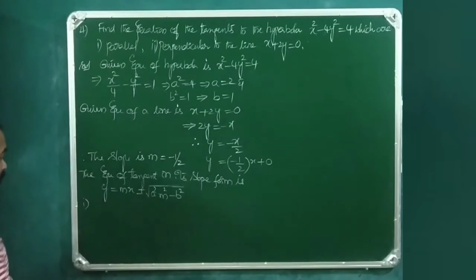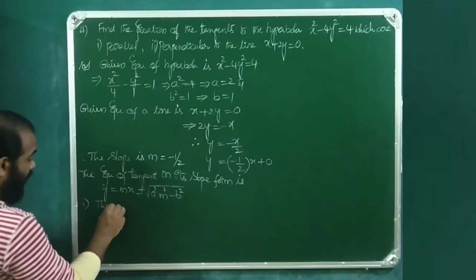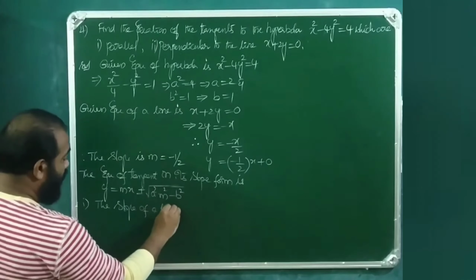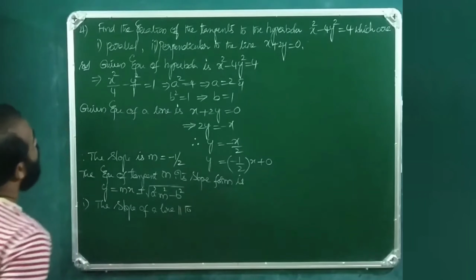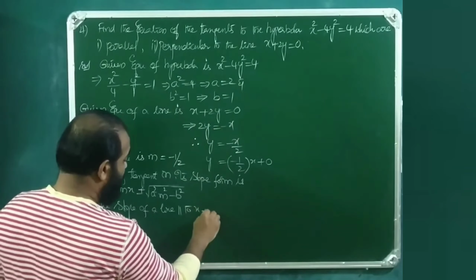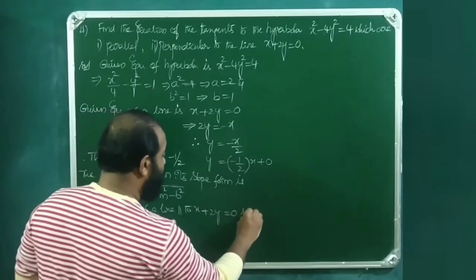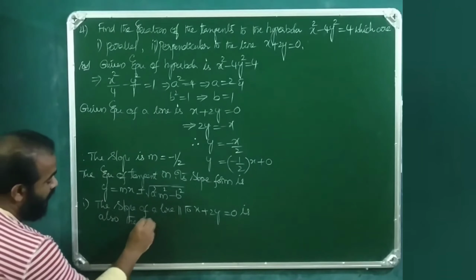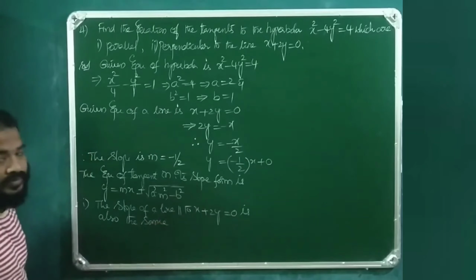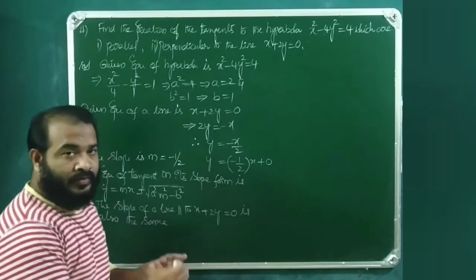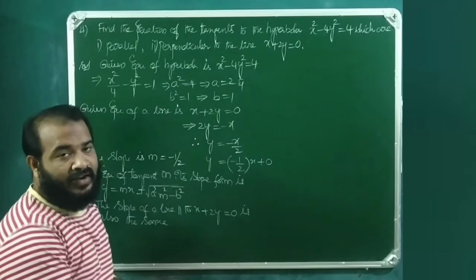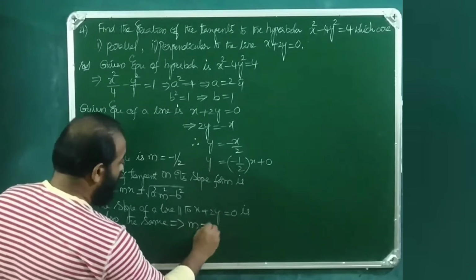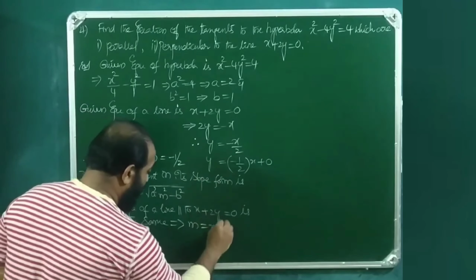parallel. That means the slope of a line parallel to x plus 2y equals 0 is also the same, because if two lines are parallel, their slopes are equal. So that means m is equal to minus 1 by 2.